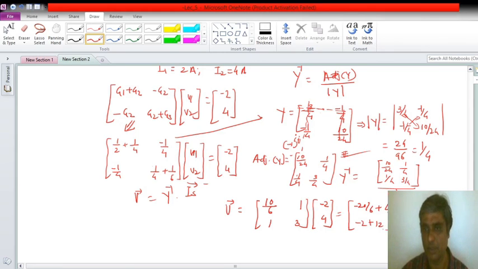So this is simply minus 20 by 6 plus 4, which is 4 by 6, so this is the voltage, and this will be 10 volt. So this is my unknown vector, which is 4 by 6 volt and 10 volt.